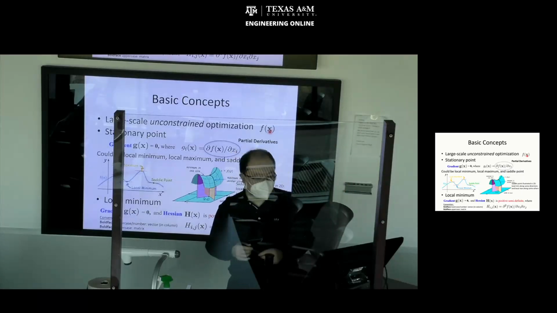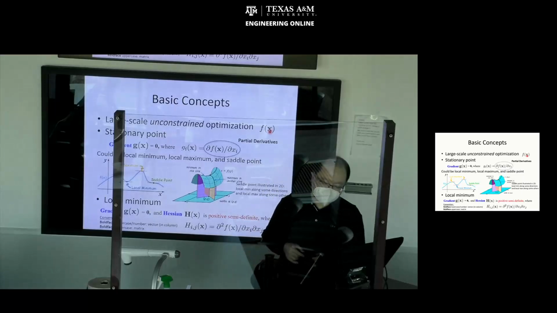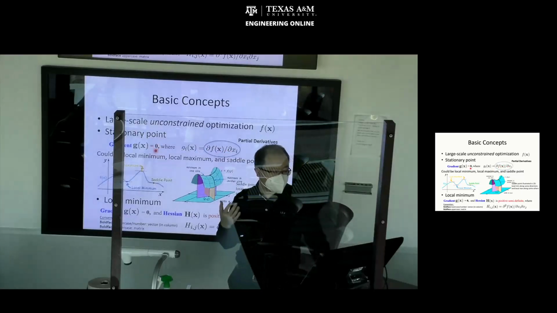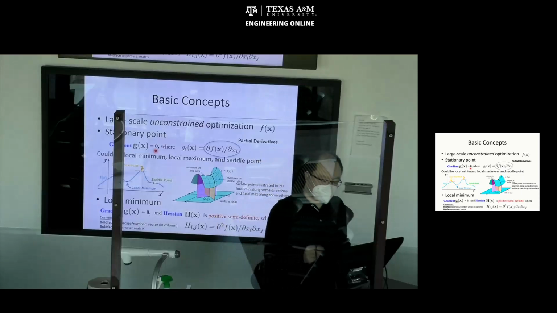There's a related concept called stationary point, which says that the gradient g of x, the vector of the partial derivatives, is equal to a zero vector. So if the gradient is 0 at a point x, then that x is called a stationary point for that function f of x.